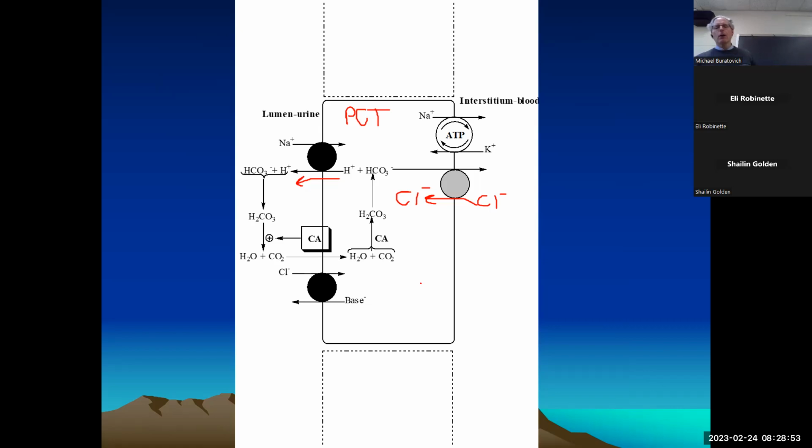That produces alkalosis. What you want to do in this case is to keep more acid. So to keep more acid, you're going to rid the body of more bicarbonate. So in this case, you want to inhibit carbonic anhydrase. So carbonic anhydrase inhibitors do exactly that.